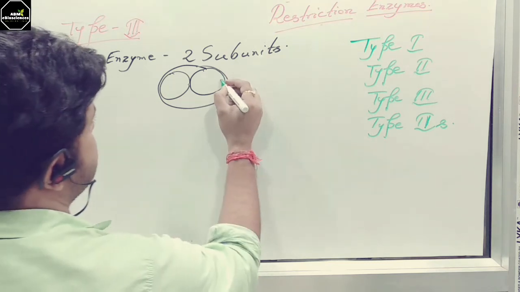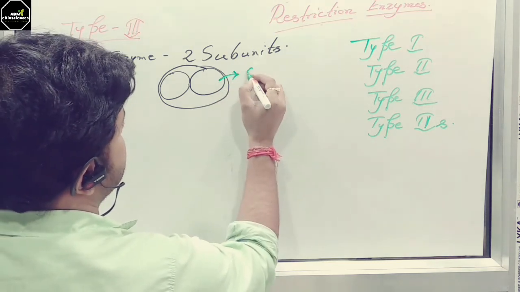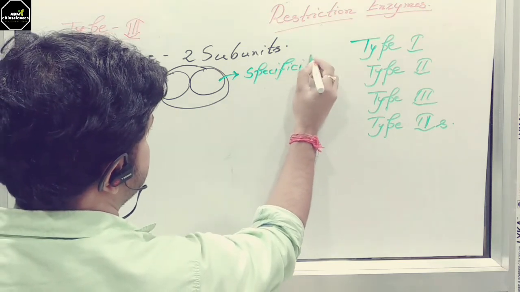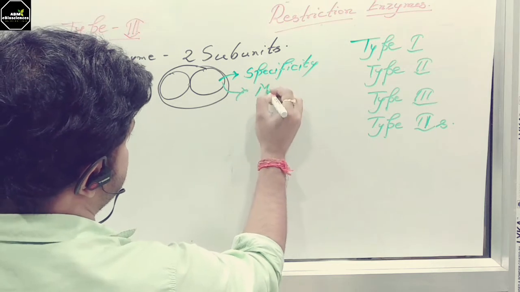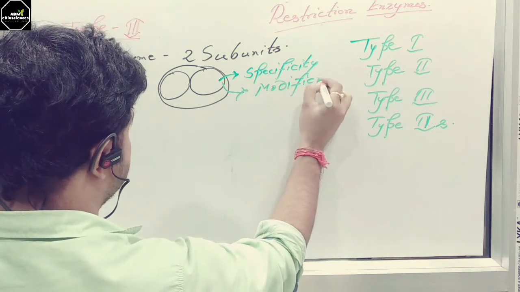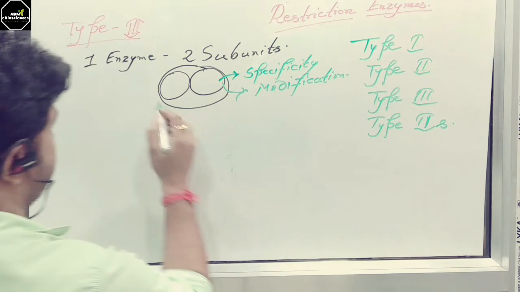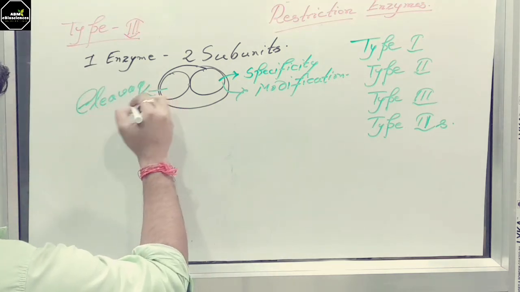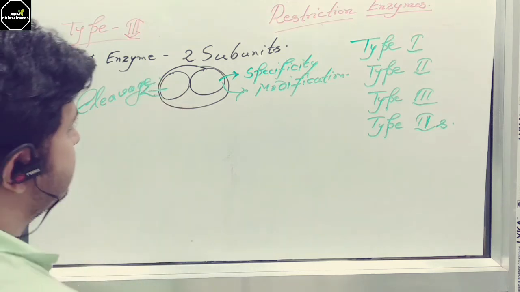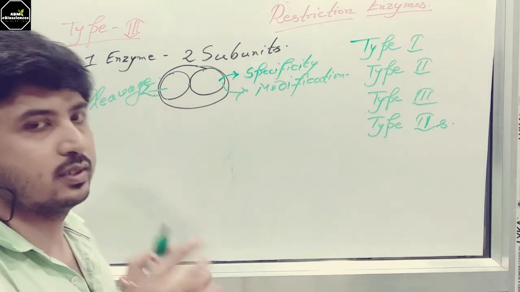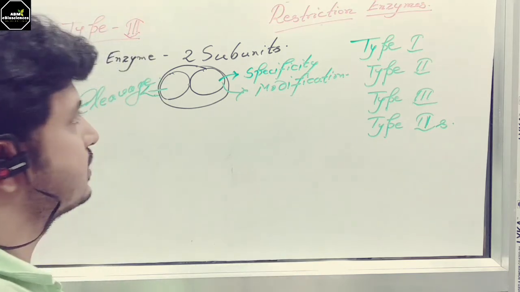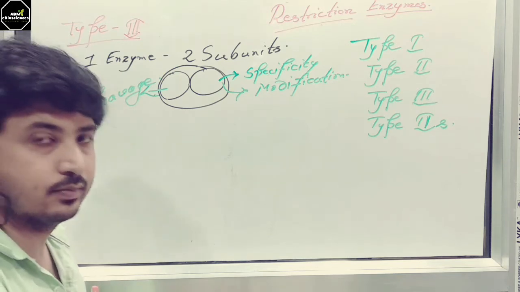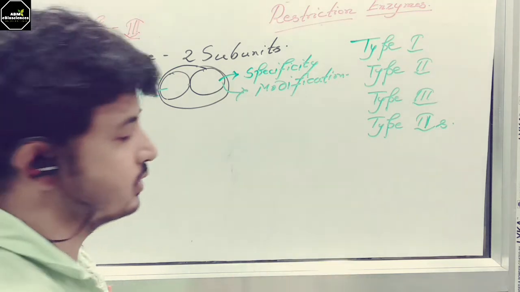One is responsible for specificity and modification, and another one is responsible for cleavage or restriction. So these two subunits are present in one enzyme complex, and the function is distributed in two subunits. That is totally different from the type 2 enzymes, and a little bit similar to the type 1 enzyme.